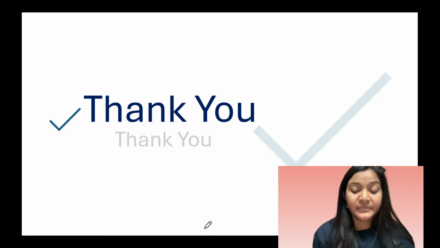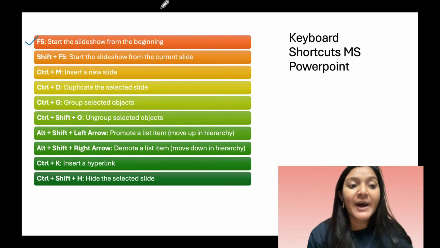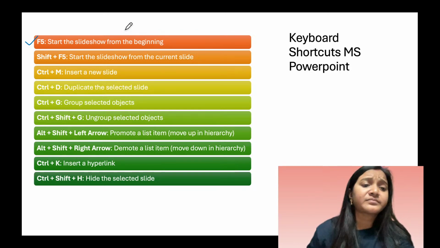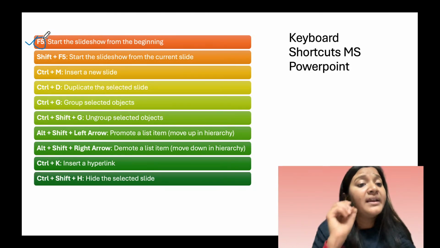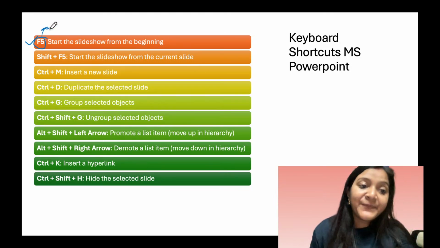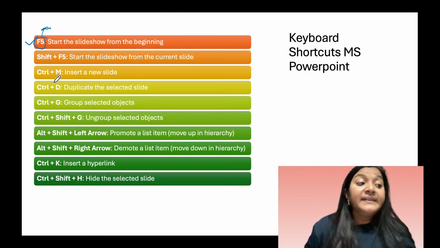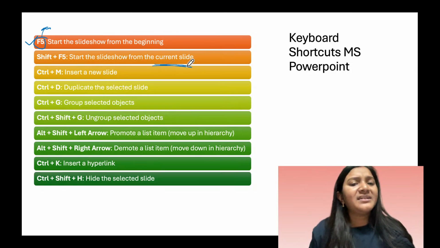Okay, now my last slide is from PowerPoint. PowerPoint means what? Presentation software. So we have to do slideshow. For slideshow, the shortcut is F5. Start this slideshow from the current slide. Current slide means what?